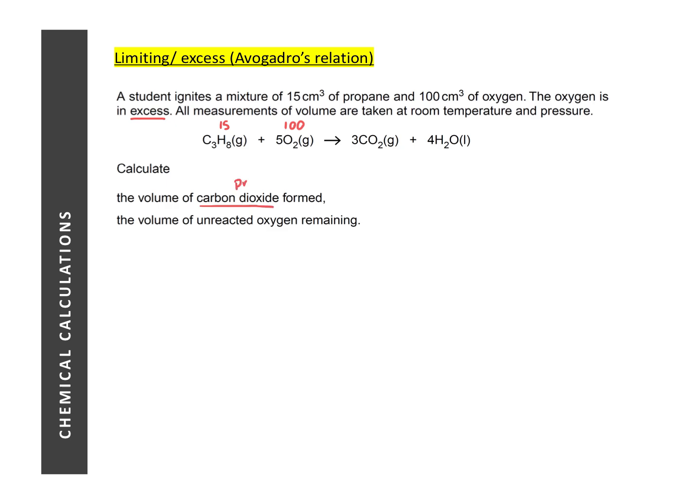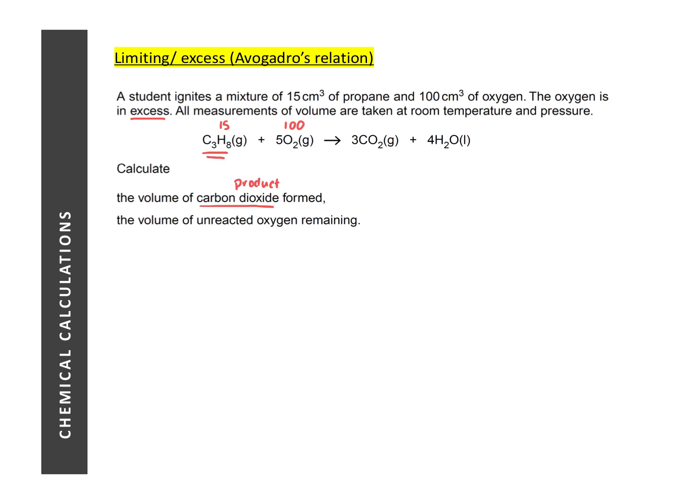This is the product. In limiting excess type questions, there's a second concept that is very important that you need to remember: the amount or the number of moles of product depends on the number of moles of your limiting reactant, not the excess. So to calculate the number of moles of product, we need to focus on the limiting reactant, in this case propane.